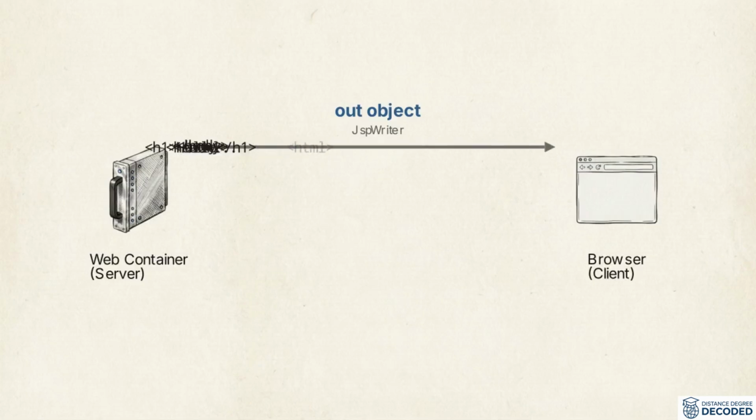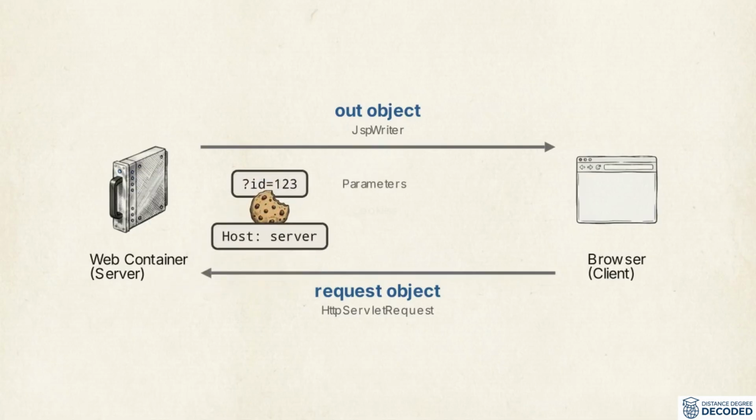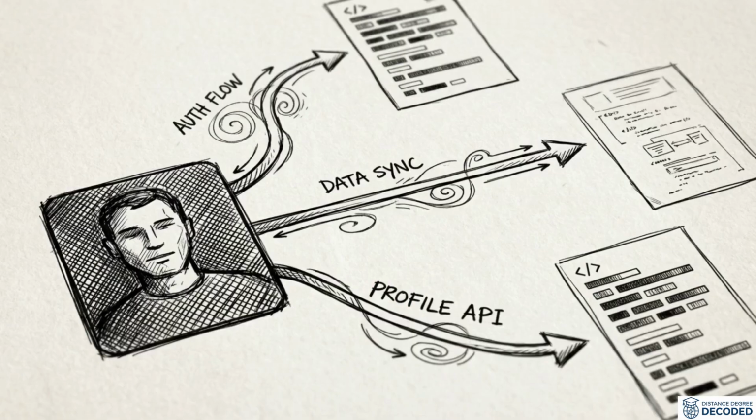It provides a direct channel to write text and HTML data straight into the client's browser stream. The request object works in reverse. It fetches incoming data from the client, extracting parameters, cookies, and HTTP header information from the query. The session object compensates for the statelessness of HTTP by tracking a specific user's identity and data across multiple independent page loads.